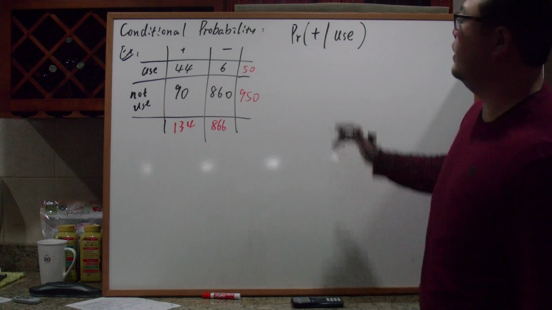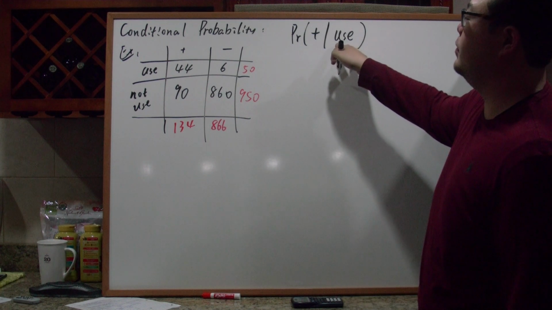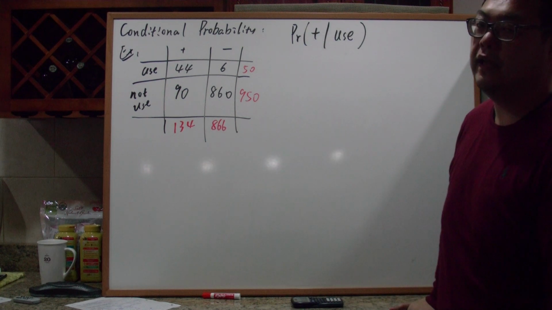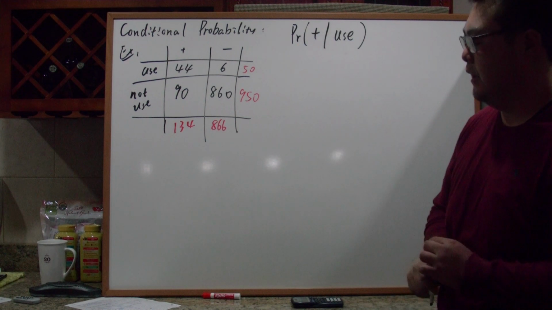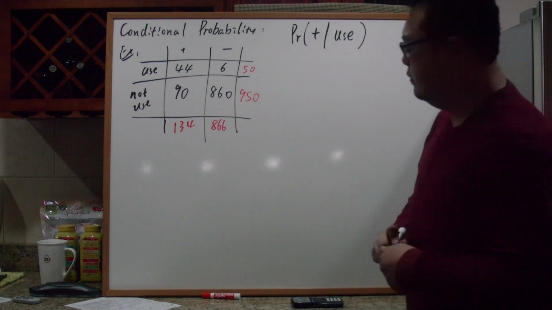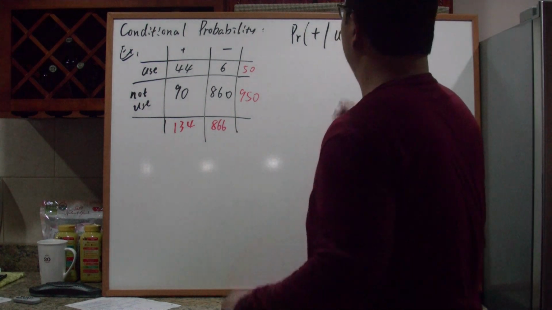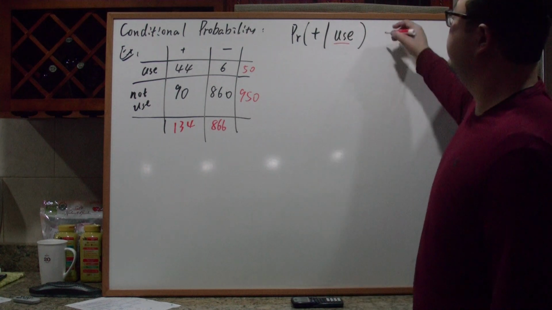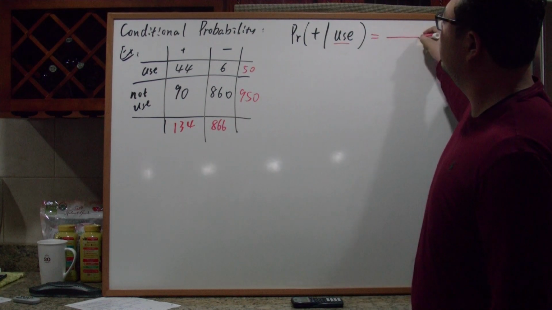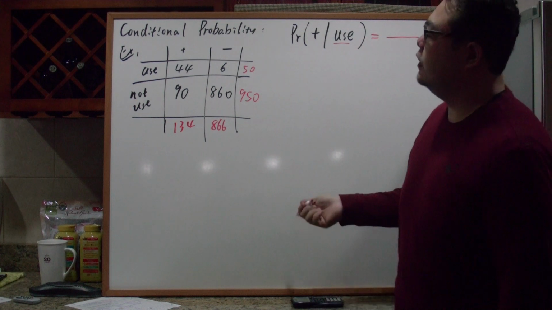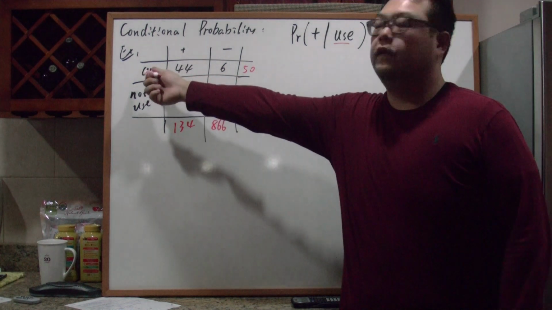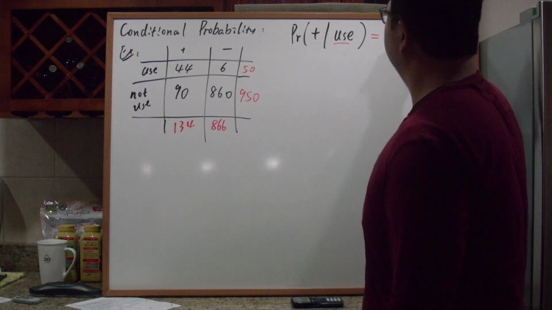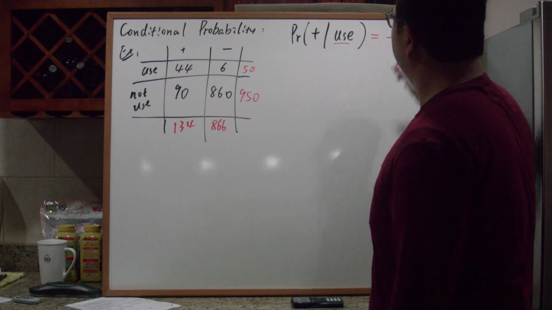Focusing on the part of how many people use drugs, what is the probability that the person selected is a positive? So again, focusing on the condition part first, which is the row of 50 individuals who use drugs.